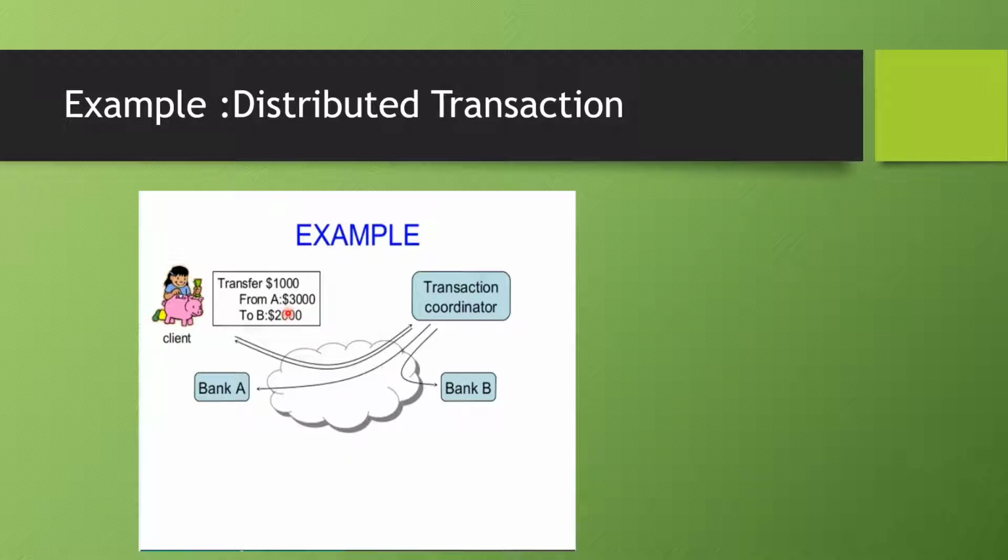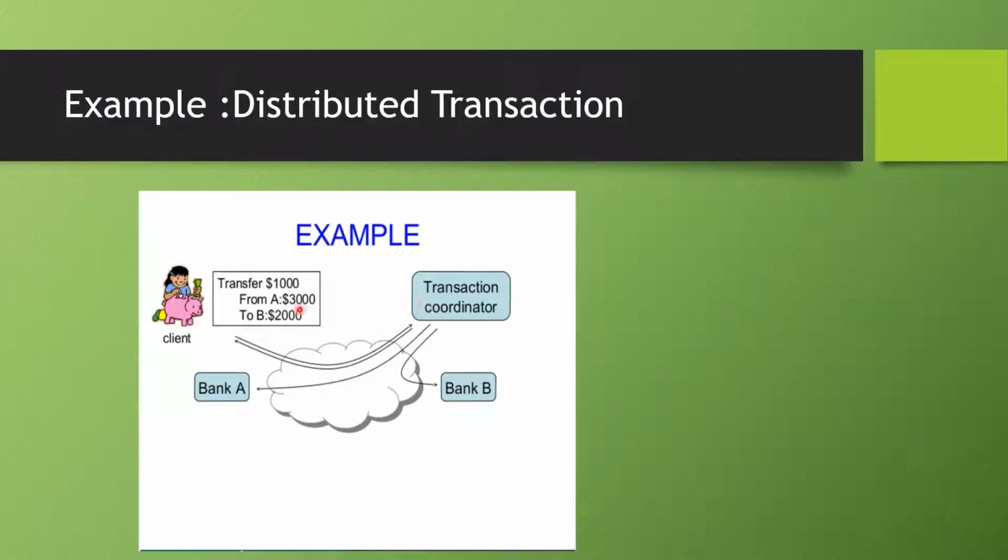Here, both account A and account B details are not present in one server. They are present in different servers, in different locations. So this is bank A and this is bank B. The site in which this transaction request originated has a transaction coordinator.